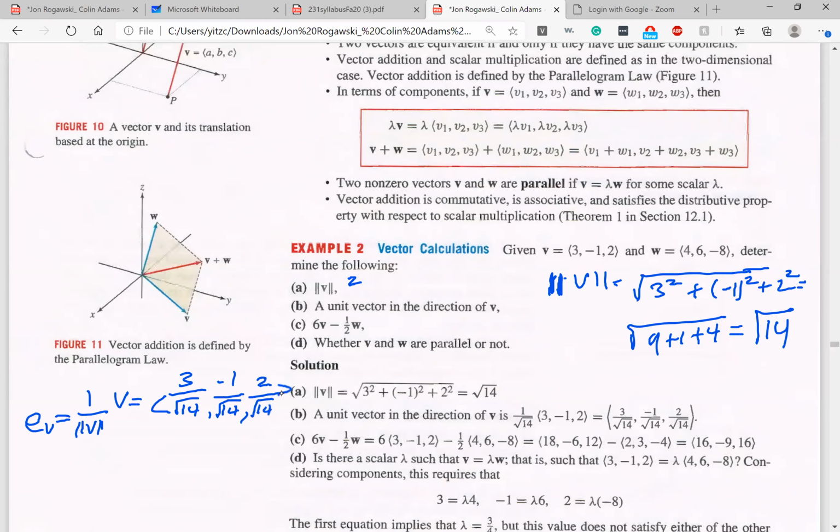And that's going to be our unit vector. So again, our magnitude is the square root of 14, and our unit vector is just 1 over the square root of 14 times the vector. So you can put it into the components.